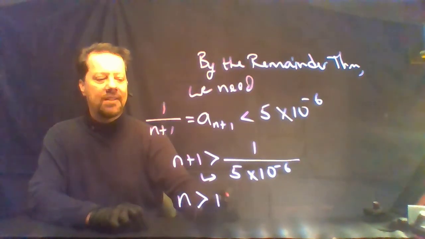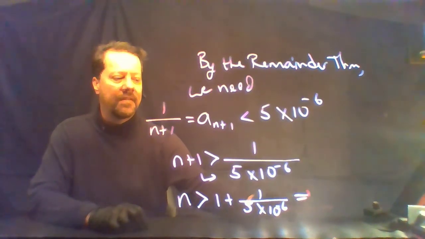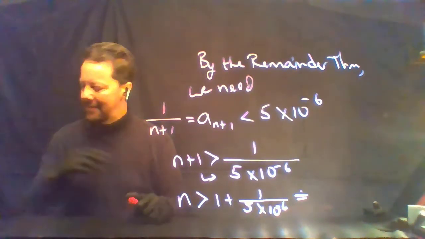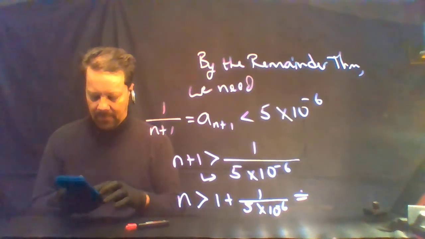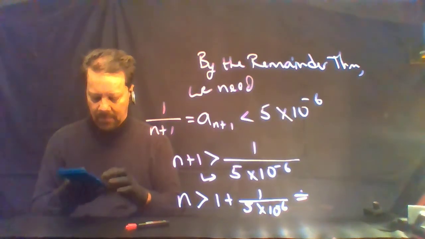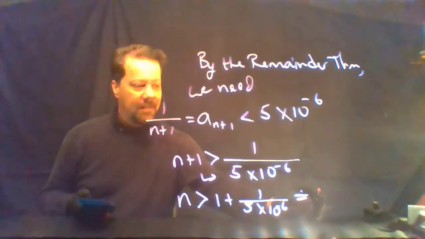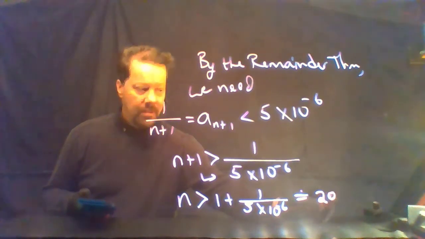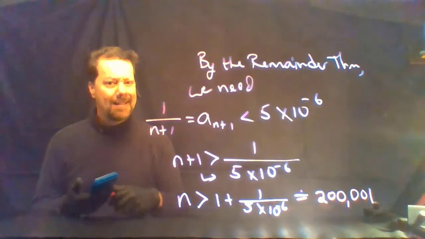We have to have n at least 1 over 5 times 10 to the negative 6, minus 1. Well, how much is that? My calculator tells me that we have to have more than 200,001 terms. That's a lot of terms.